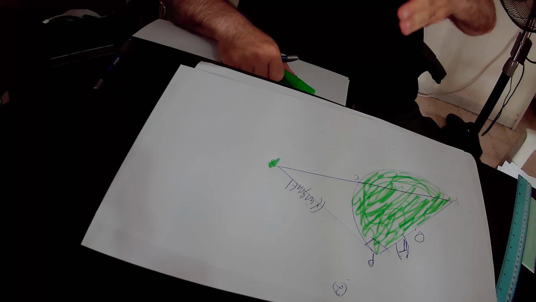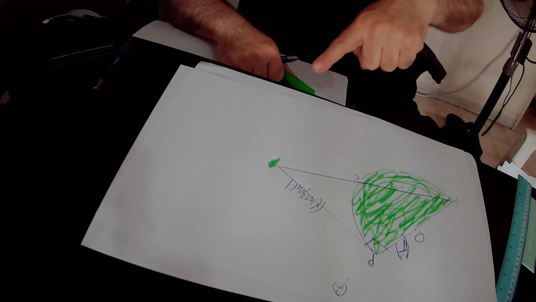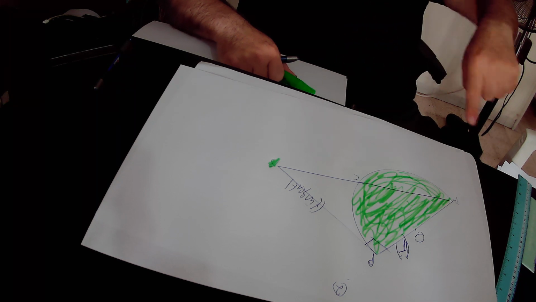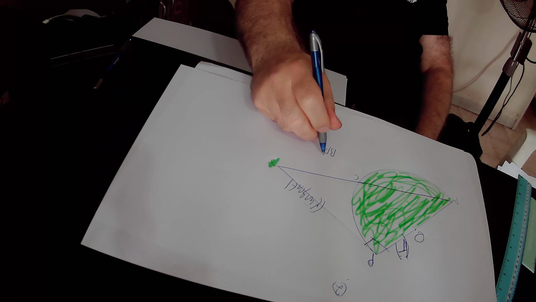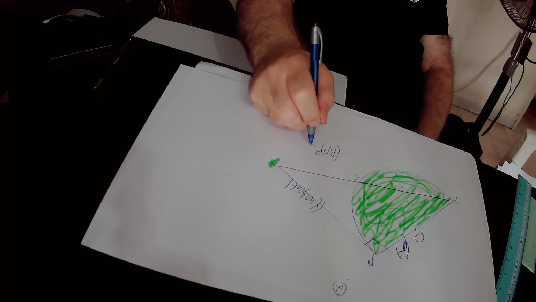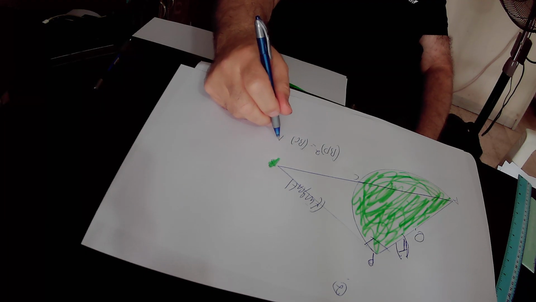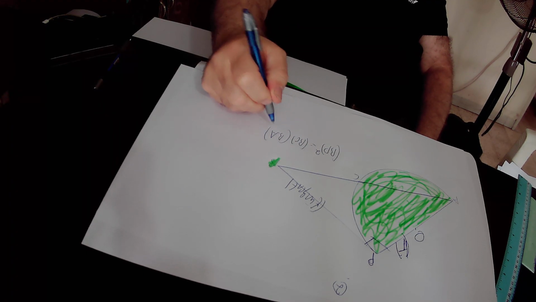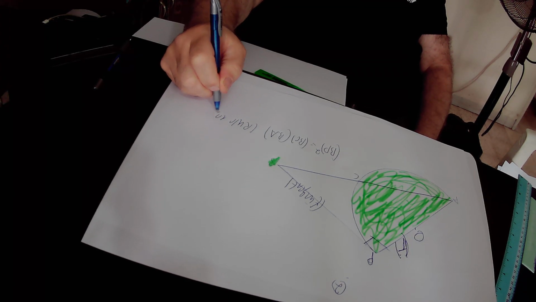According to rule 10, BP squared, the square of tangent BP, equals BC times BA. This equation is the implementation of rule 10 in our drawing.